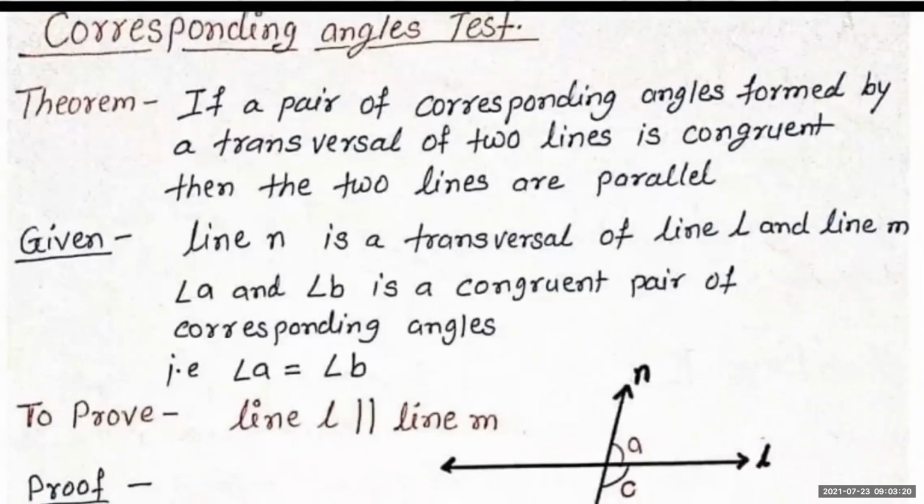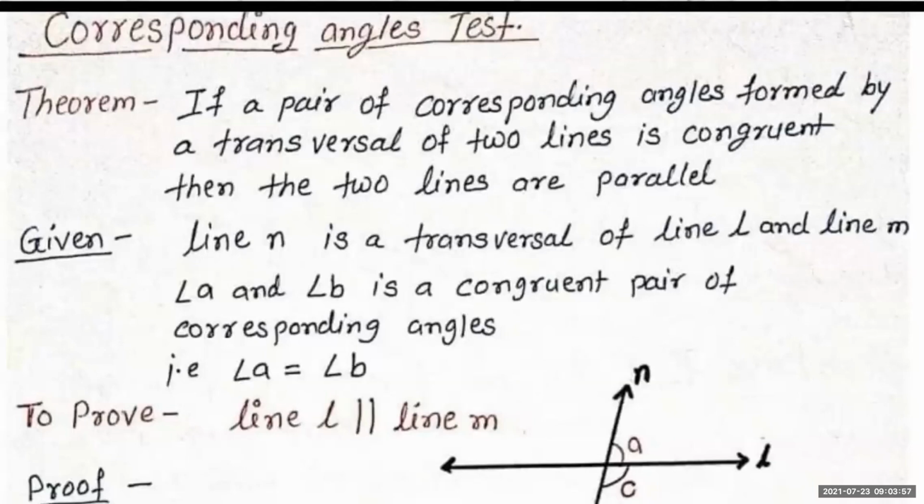That is, if a pair of corresponding angles formed by a transversal of two lines is congruent, then the two lines are parallel. Okay, so the statement up to the word congruent is all given. And the part after the word then, that is what we have to prove: that the two lines are parallel.